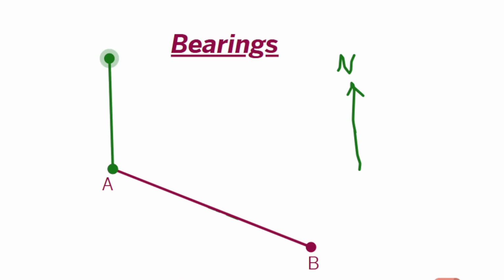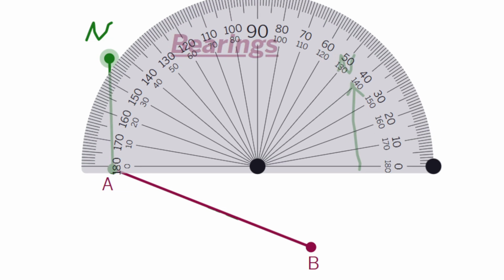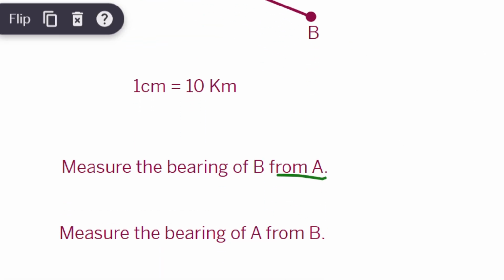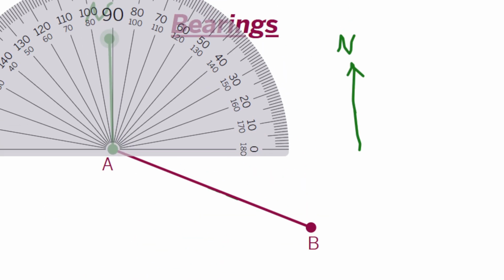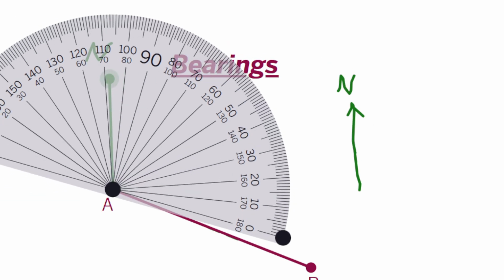So this is north. Once you got north, bring your protractor and put the center on the point. So look, the question says from A, so you put the protractor on A, the center of it here on A. Once you do that, then you move it down to the line.